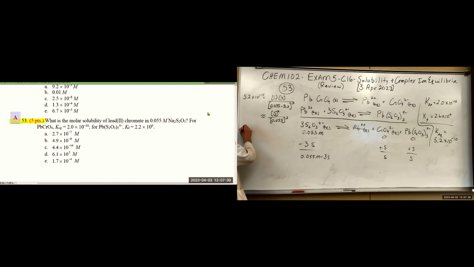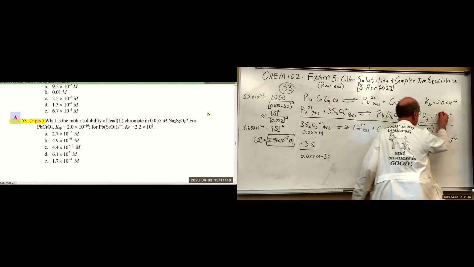So that gives us 8.65 times 10 to the minus 14 is equal to S squared. So we just take the square root of both sides. Yep, take square root. So that's 2.9 times 10 to the minus 7 molar solubility.